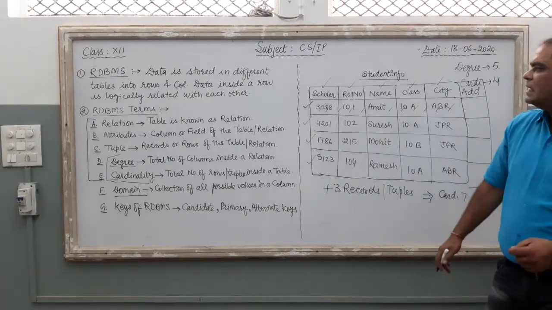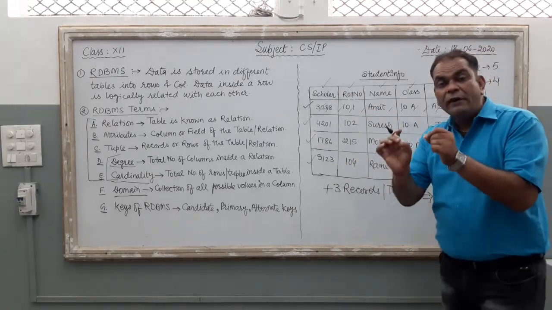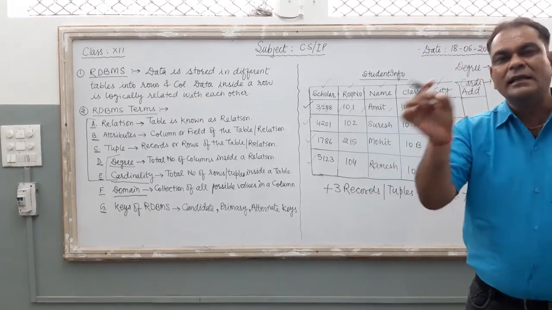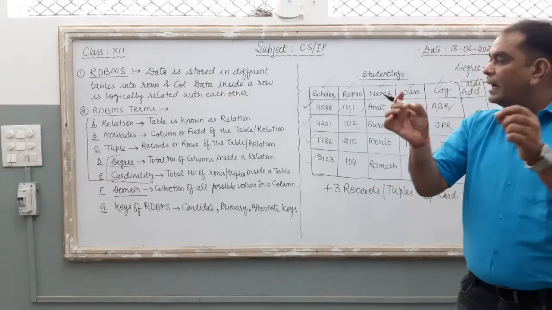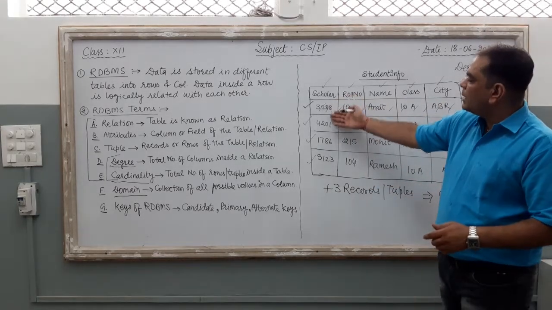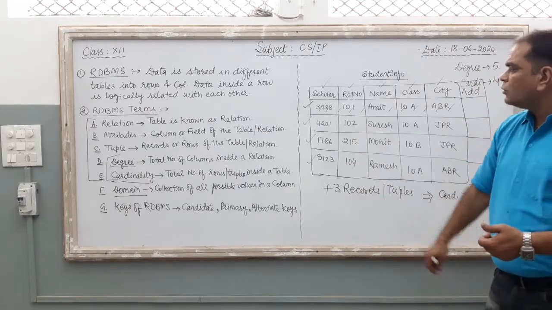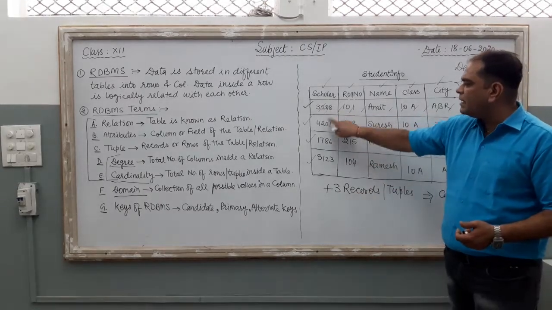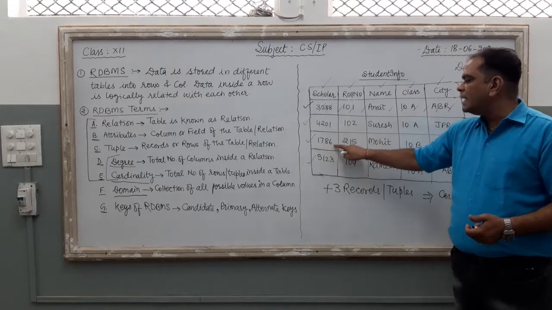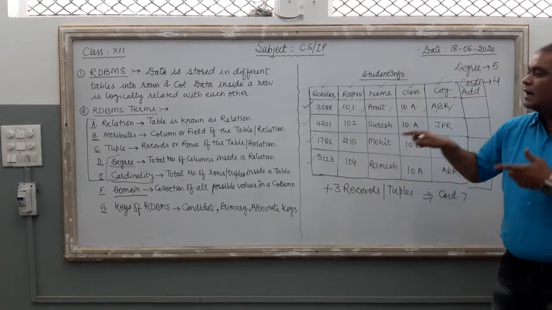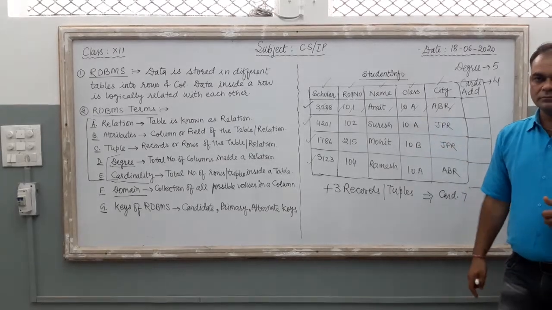Domain means all the possible values inside the attribute, inside the column. It is known as domain. So how many possible values are there? If you are asked to find the scholar domain, all the possible values are 3288, 4201, 1786, 5123. These 4 values are under the domain of scholar.